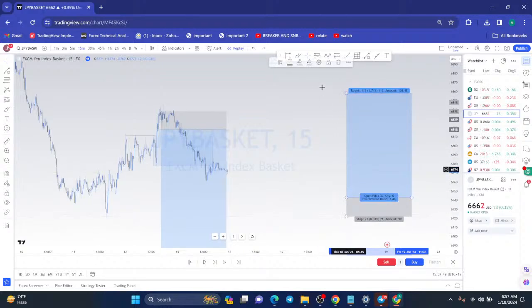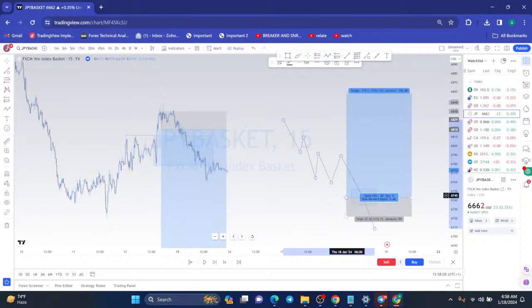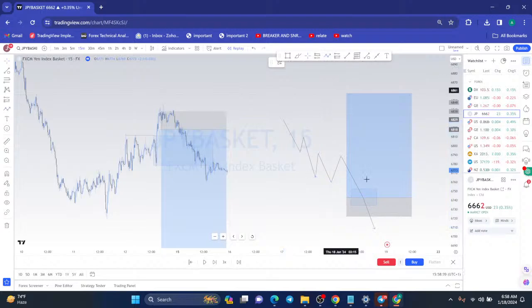That's liquidity. It will touch your zone and pass it, before it starts going up like this.